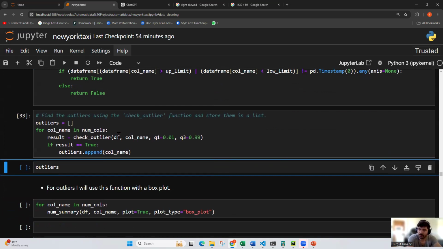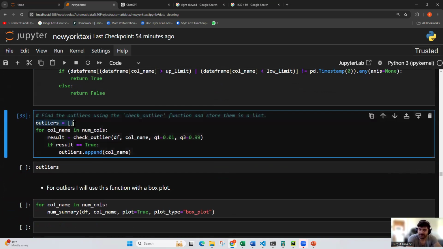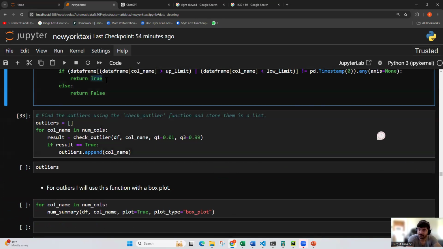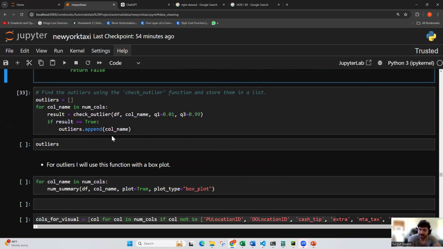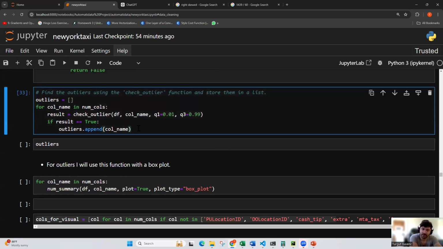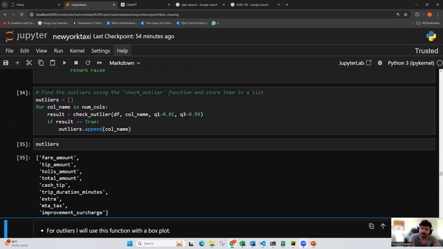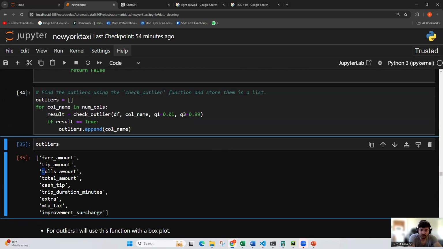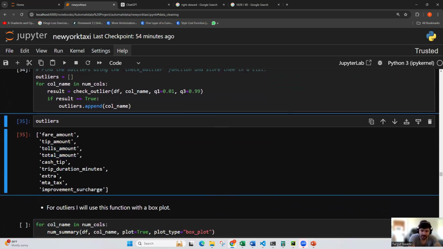Then I'm looping through the numerical columns with a for loop and creating an empty outliers list. If the result from the check outlier function is True, I append that column to my outlier list. Let's run it and see. These values are outliers. As we mentioned before, tip amount, tolls amount, extra, MTA tax, improvement surcharge, age: these are actually less repeated values, which is why we see them as outliers.